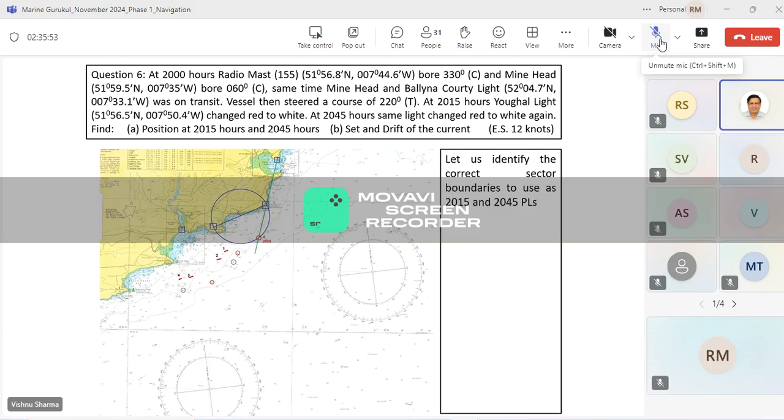From position A, the vessel is steering 220. When she steers 220, you don't have to draw it on the chart, you can figure it out like this. If it changes from red to white at 2015, which one do you think will be the PL? 1, 2, 3, or 4?